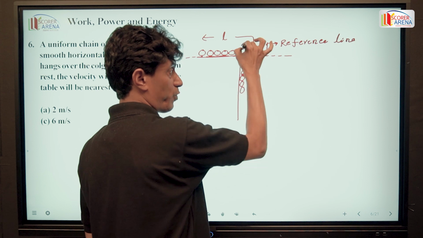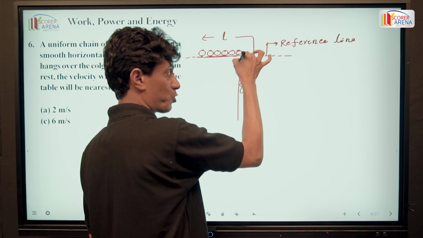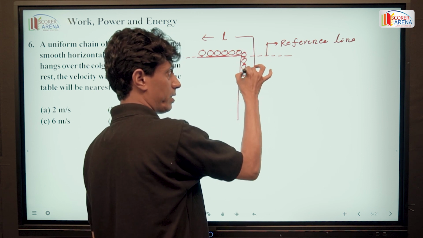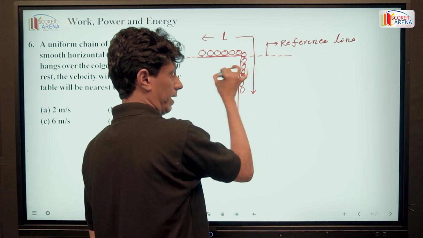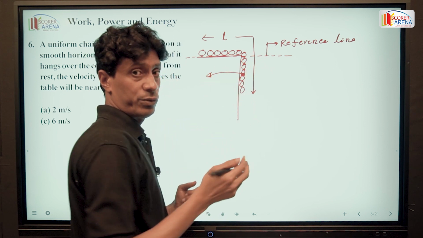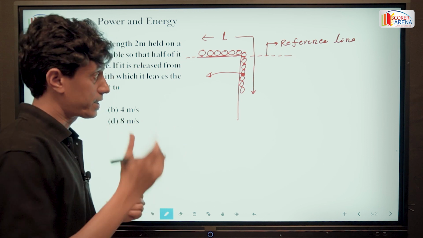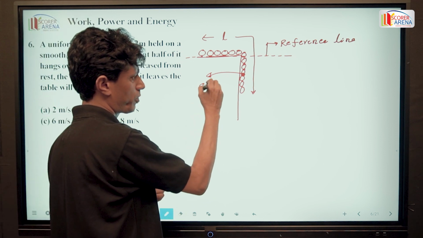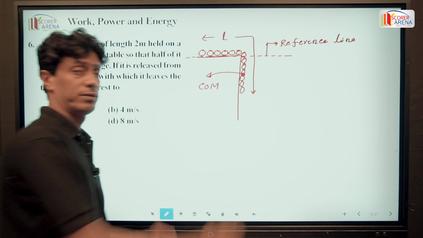Since this is a uniform mass distributed over the chain, let us consider the center of mass of the chain.